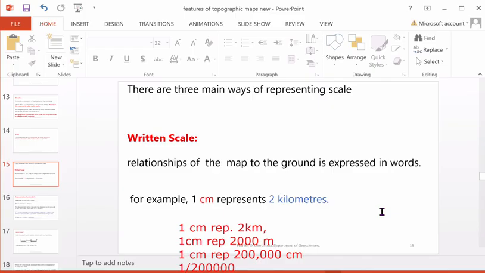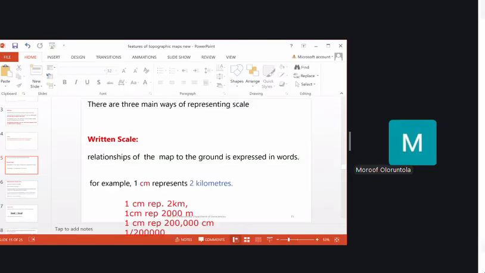Now let me give you this one to convert to a representative fraction. 2 centimeters represents 3 kilometers. Convert it to representative fraction.